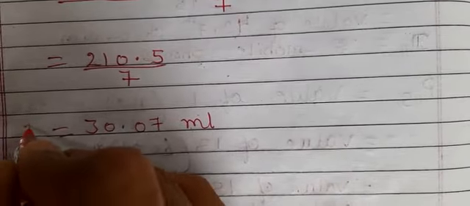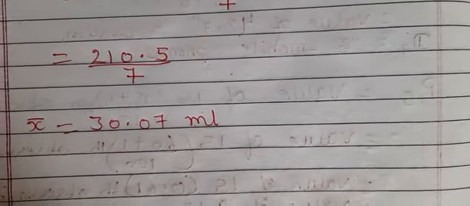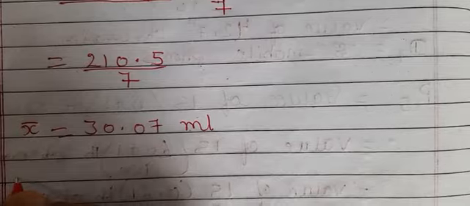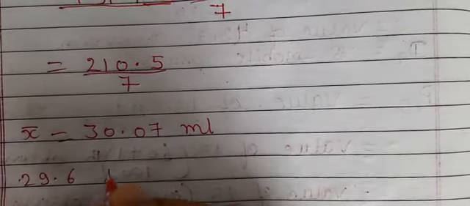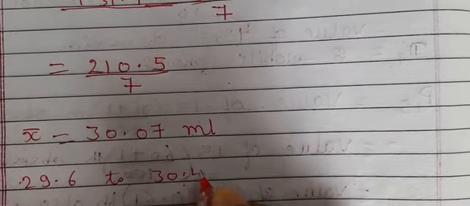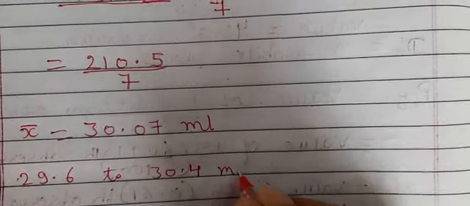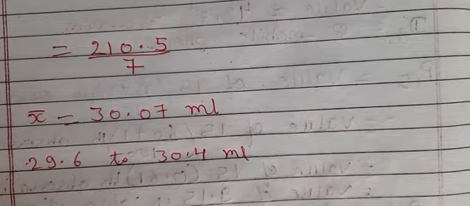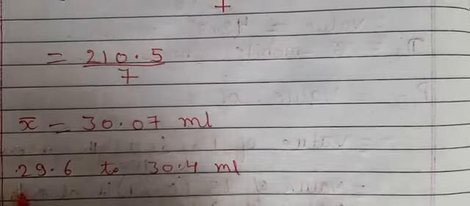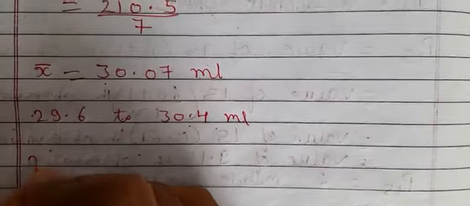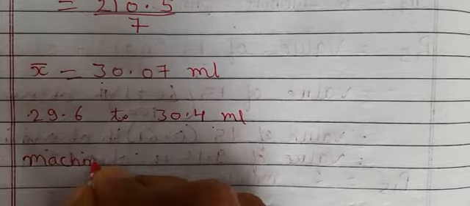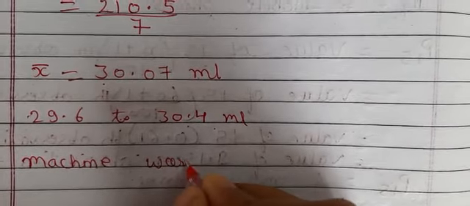So that is your mean. And what range have they given to us? It should be between 29.6 to 30.4 ml. So as we can see, the mean quantity lies within the range which is given to us. Hence we can say that the machine works properly.